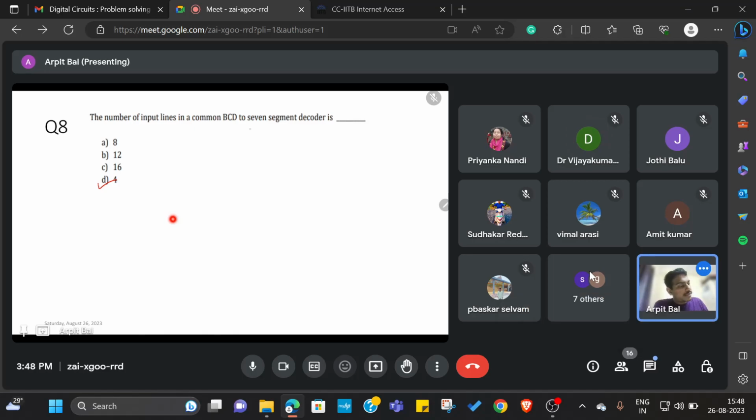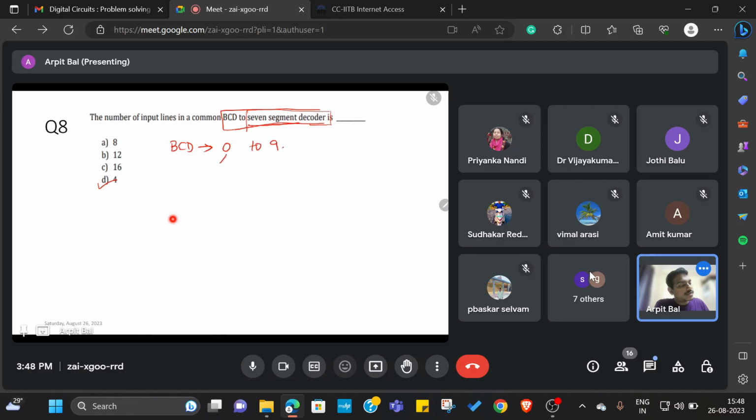Okay, so let me explain this solution. The thing is, we need a BCD to 7 segment decoder, right? So the BCD can have values from 0 to 9.